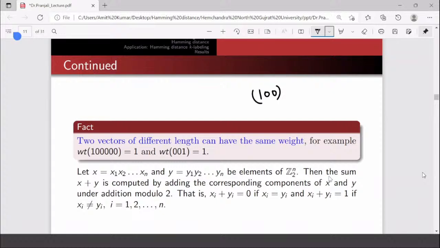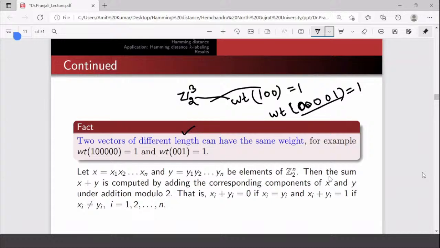It is easy to see that the weight of this vector is also 1. And if I take 0, 0, 0, 0, 1, the weight of this vector is also the same. So 2 vectors of different length, because 1, 0, 0 is an element of Z2 to the power 3, however this is an element of Z2 to the power 5. So 2 vectors can have the same weight.